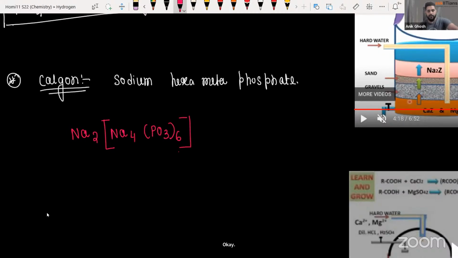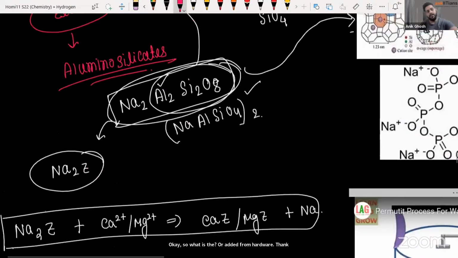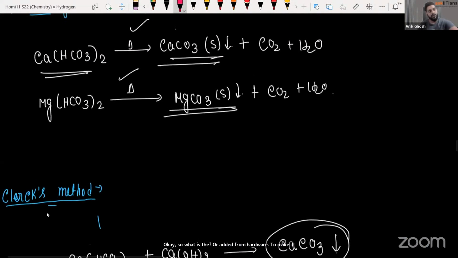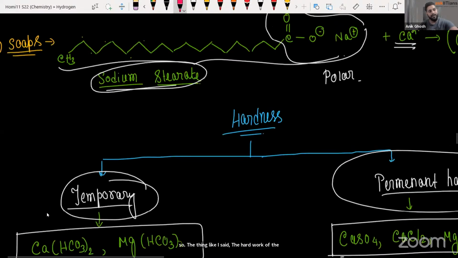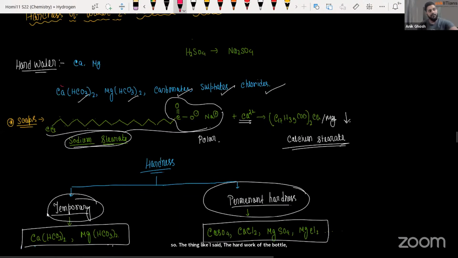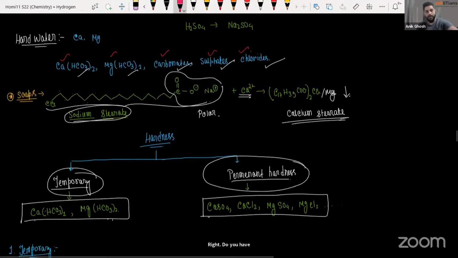Okay. So what is being removed or added from hard water to make it soft? Ritik, like I said, hard waters are the water that contains calcium and magnesium salts, right? So you have to remove these calcium and magnesium ions with different processes, right?